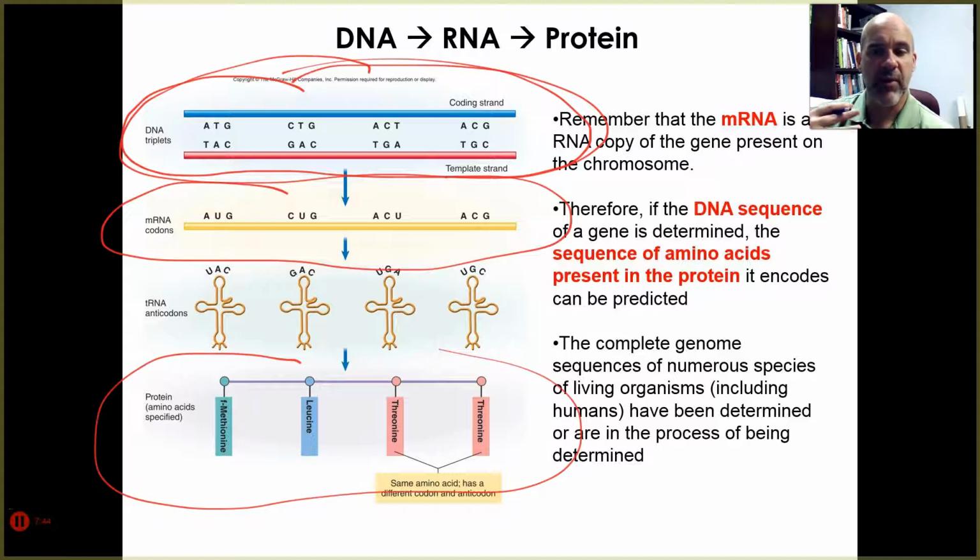So even if you have never purified or isolated that protein, you've never studied it in any way, you can figure out that it must be there based on the sequence in the DNA, and you can predict the amino acid sequence of that protein, and that would be a first step in starting to understand what its structure will be, and possibly even what its function could be.